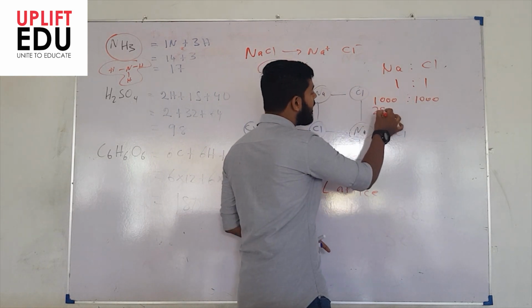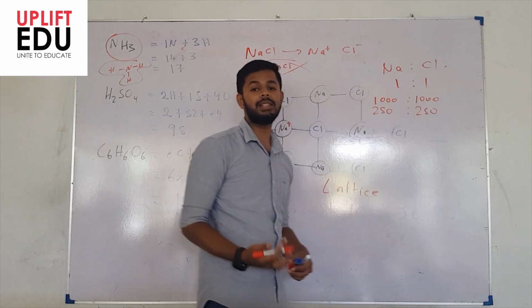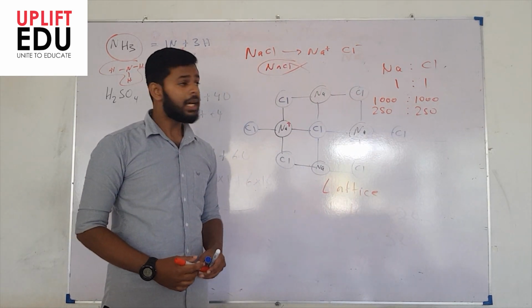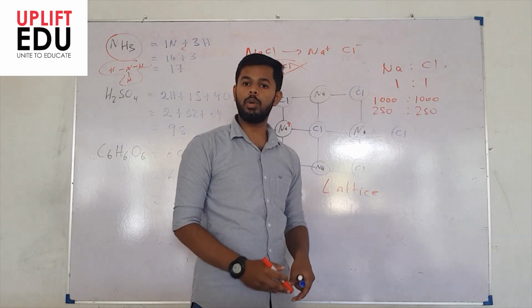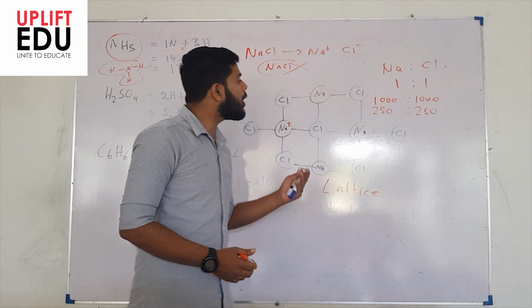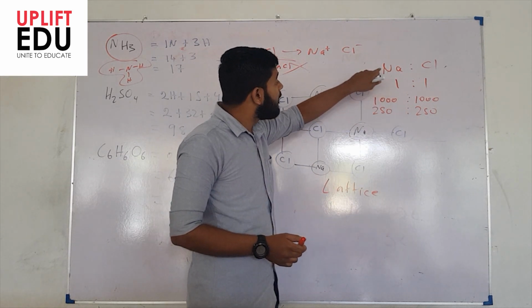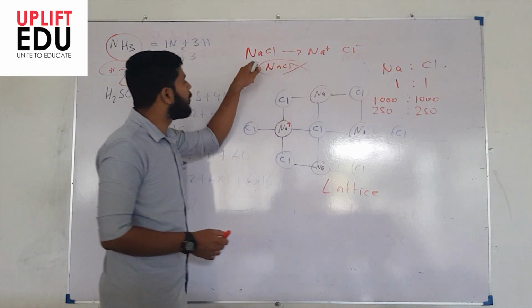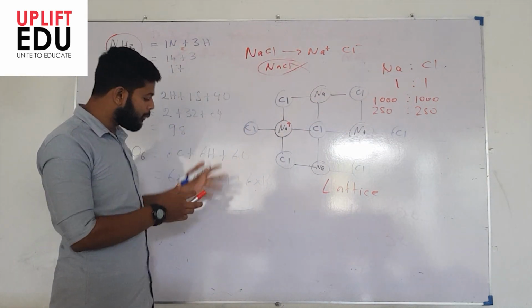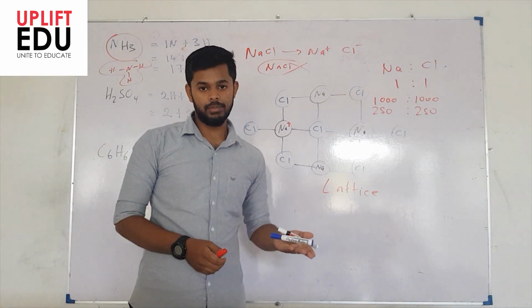If there are 250 sodium ions, there will be 250 chlorine ions as well, right? So as the simplest ratio, we write it as a 1:1 ratio. Sodium chloride exists like that, right? So when it exists as a simplest ratio, we write the simplest ratio of these two ions as the formula, right? For this formula, we give a special term called empirical formula, right?